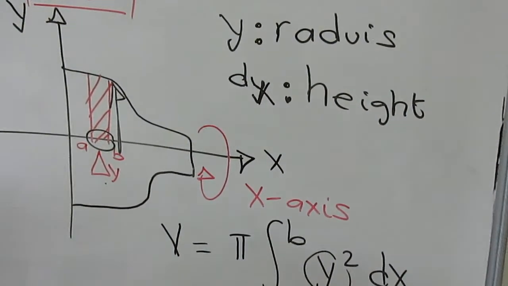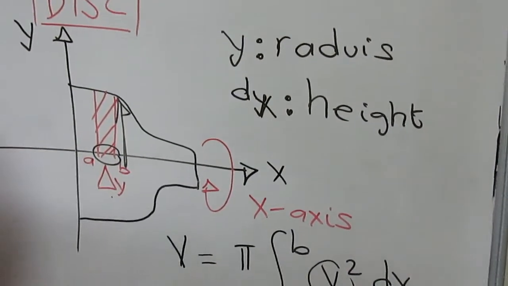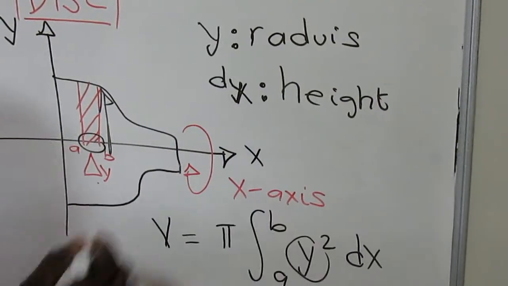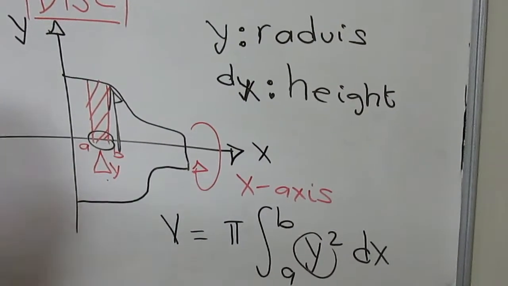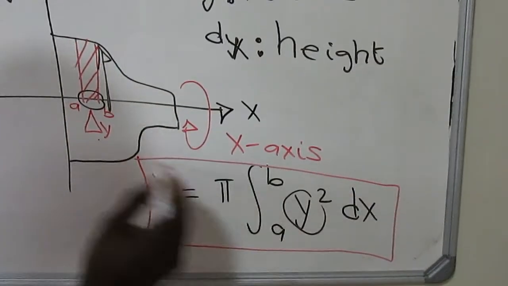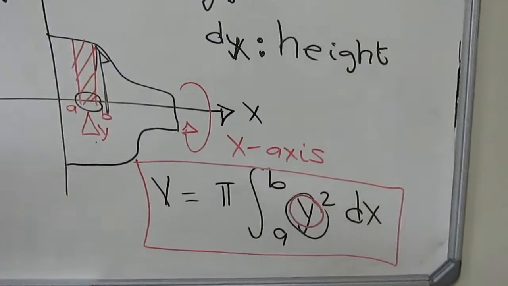So in the case where they give us a body or a function and they say this function is rotating in the x-axis, when you have to apply your disk method, this will be the formula you have to apply. But make sure that you have a y function.